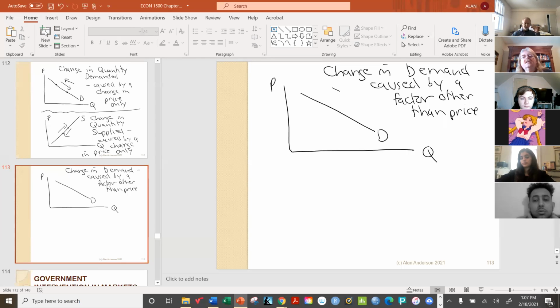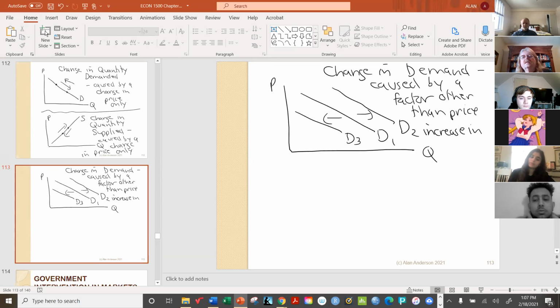So we can have a shift to the right or a shift to the left. This one on the right is an increase in demand. And therefore, this one over here must be a decrease in demand.